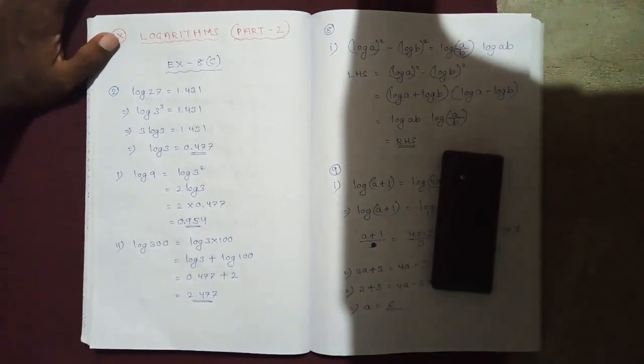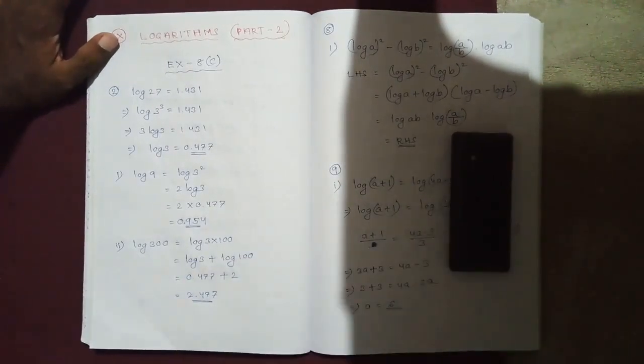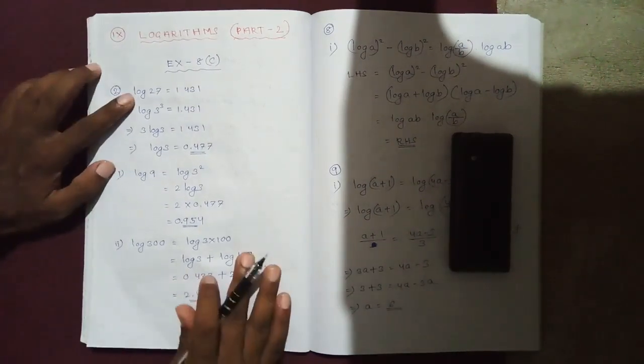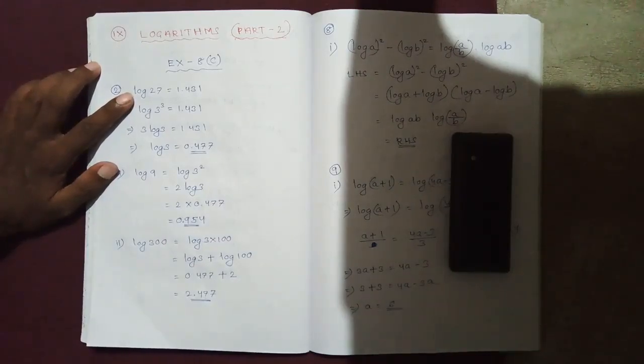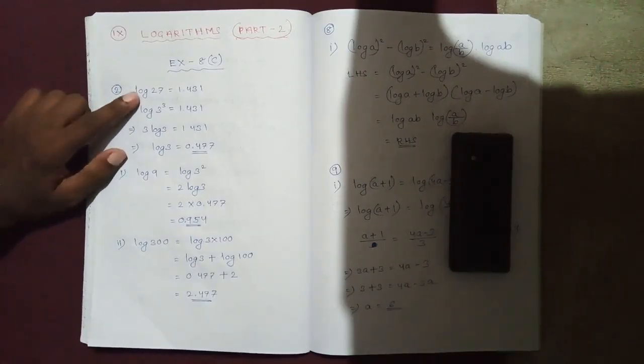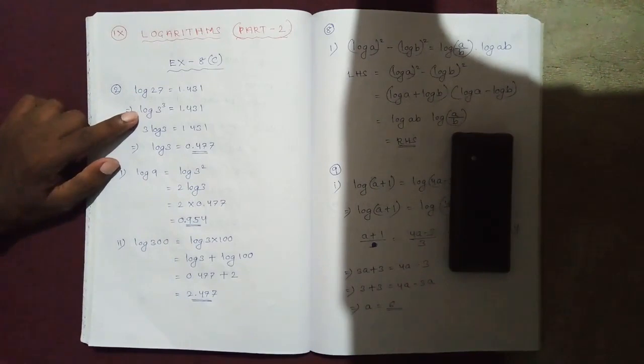First is number 2. It is given that log 27 is equal to 1.431, and we have been given 2 bits. Log 27 can be written as log 3 power 3.